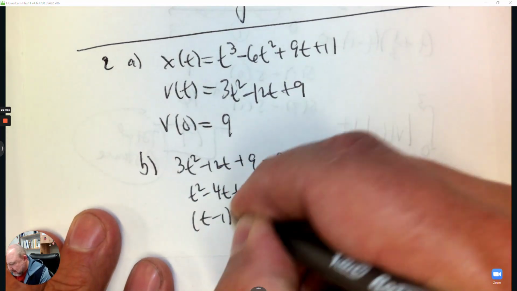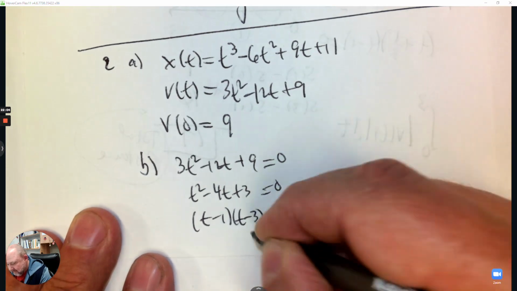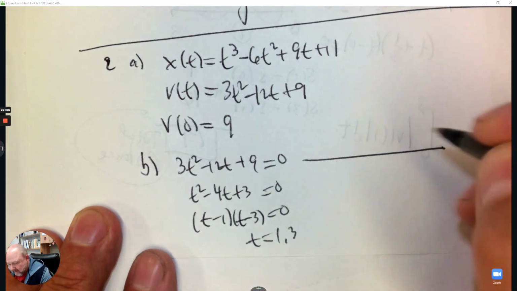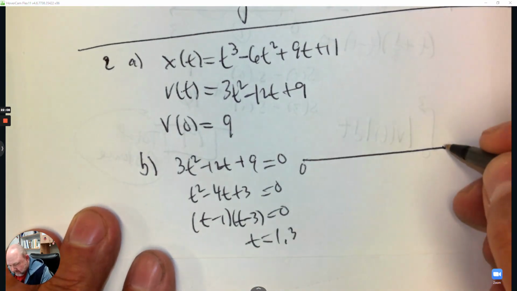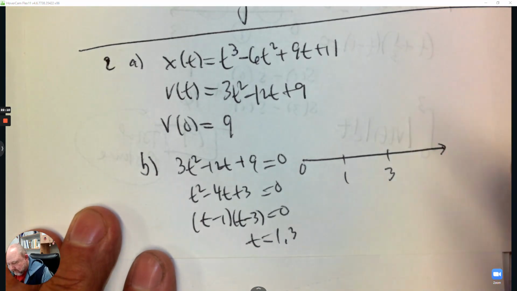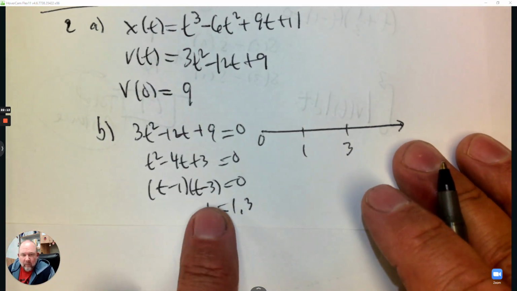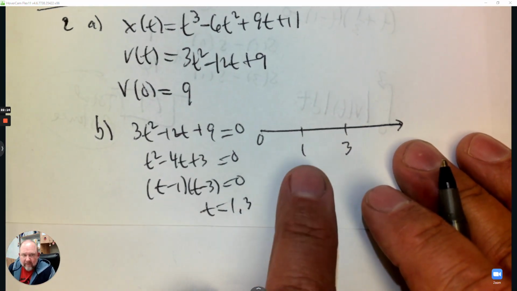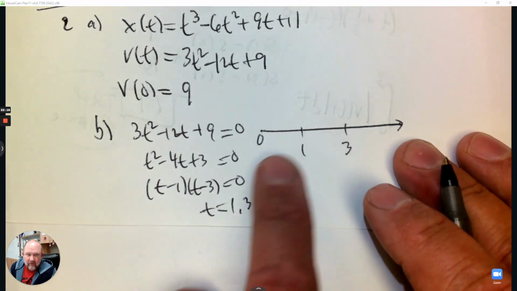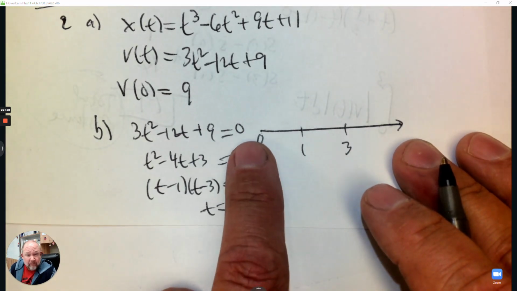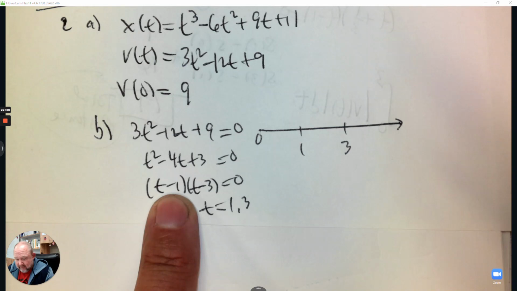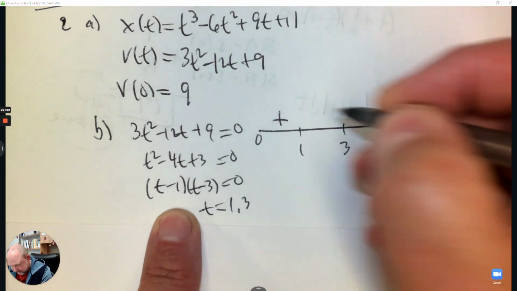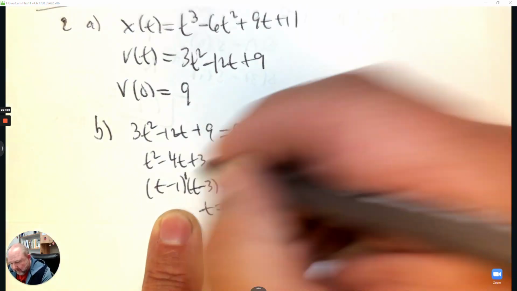So at 1 and 3, this is when the particle's resting, where we could change what direction it's going. So from 0 to 1, if I plug in 1/2, I get a negative times a negative. And then the multiplicity means it's going to change signs all the way across.